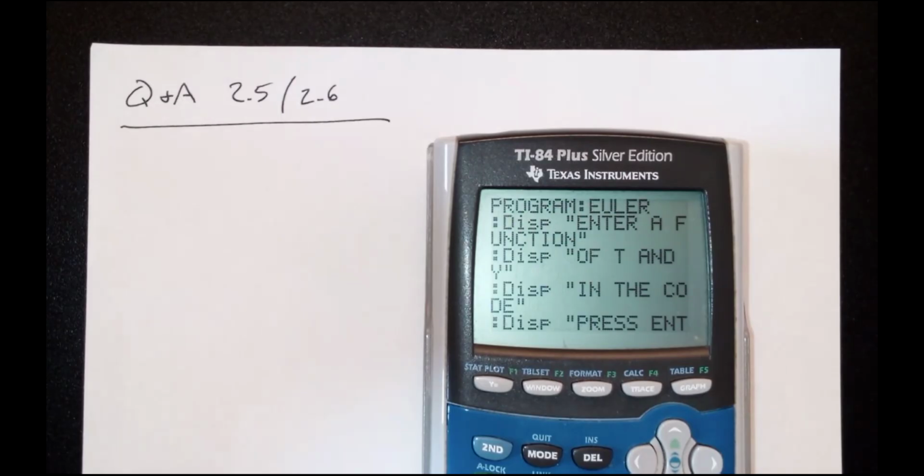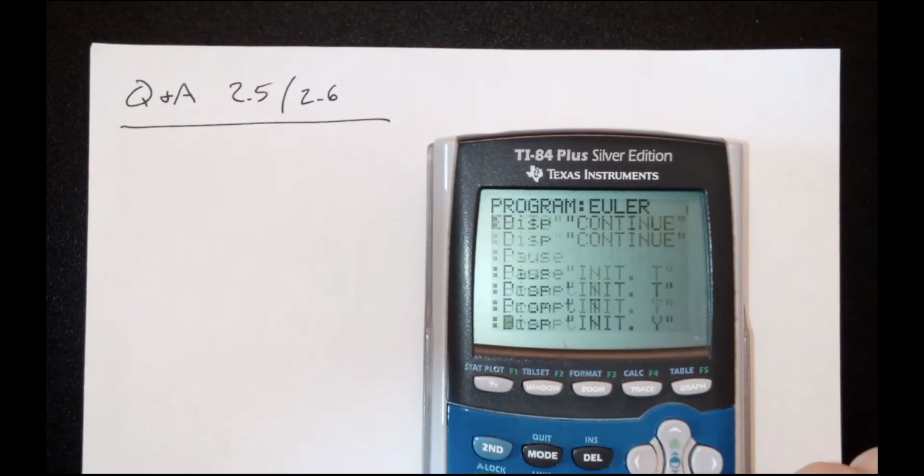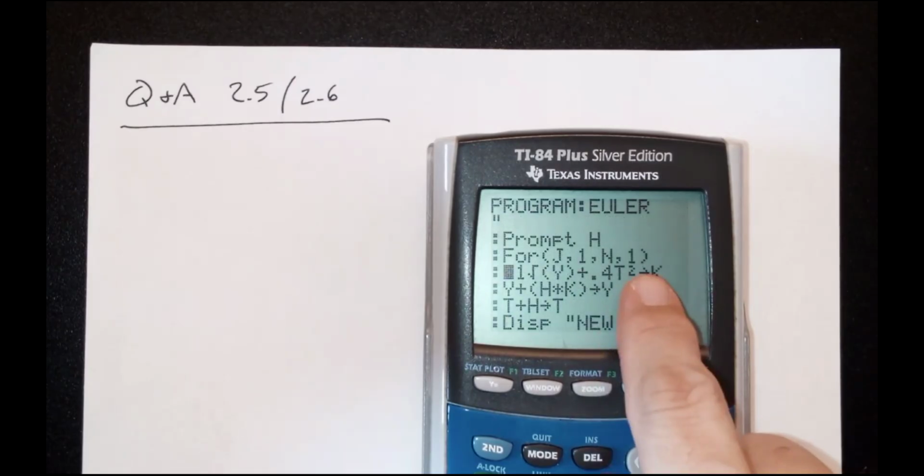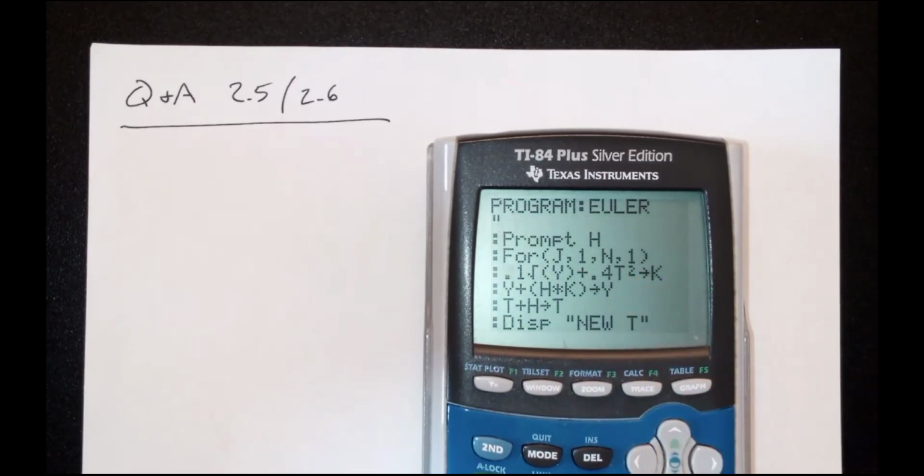I'm looking for the line with the arrow and the K. Once we get past all the inputs, it's the first line in the loop for J goes from 1 to N by ones. Everything in front of the arrow K is what I want to change to our equation. As long as I don't destroy the arrow K, I can just type in my equation. Remember, there's no X in here. I've got to use T instead.